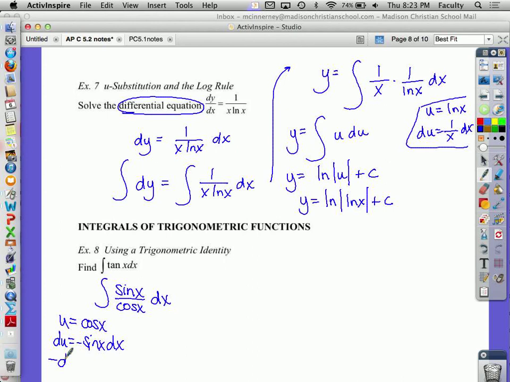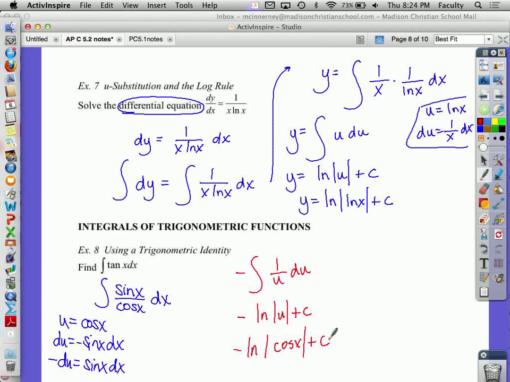Well, we don't have a negative, so we'll divide by that. And then let's do the u substitution. So I would have negative 1 over u du. So it's negative ln, the absolute value of u plus c. Well, that u was cosine x.